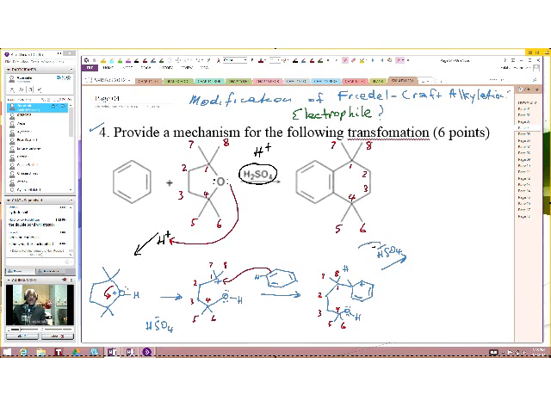Now let me change the pen color. Grab that proton, and let me write that proton close to the benzene. And now we regenerate the double bond right here. Okay. So we form this.